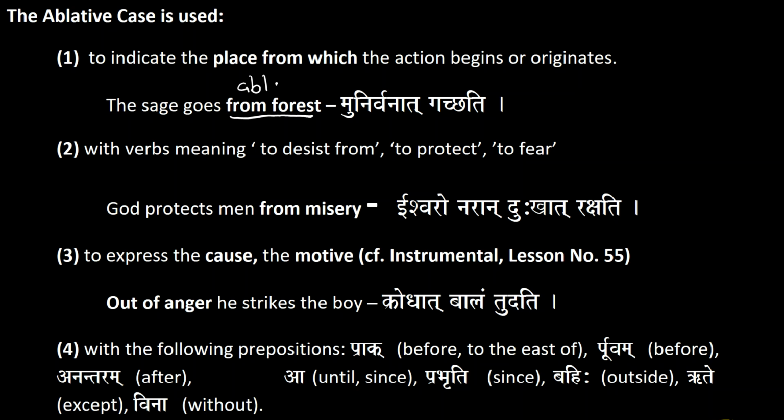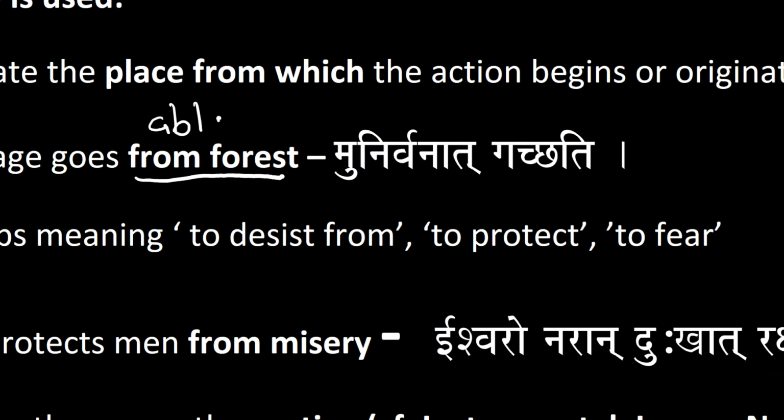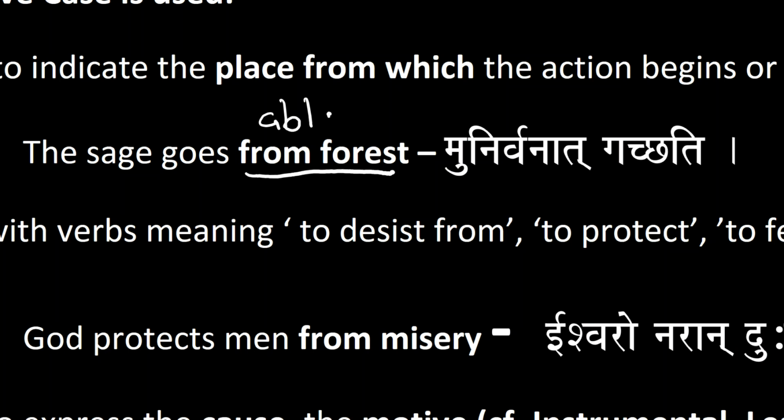Originally, this was Munihi vanat gachati. But when a visarga is preceded by any vowel except a or ā, and then followed by a soft consonant, that visarga turns into a half ra, represented by this hook on the top. So it becomes Munir vanat gachati. So the sage goes from the forest.